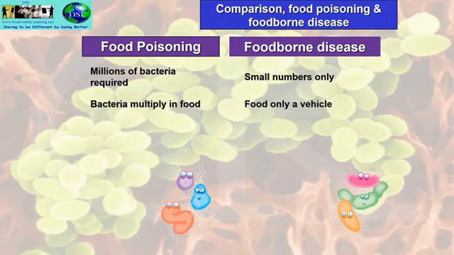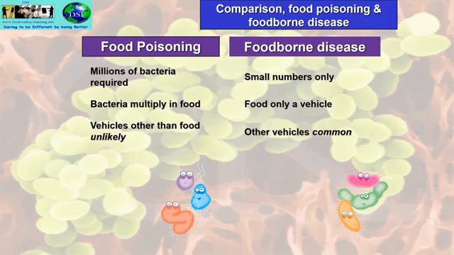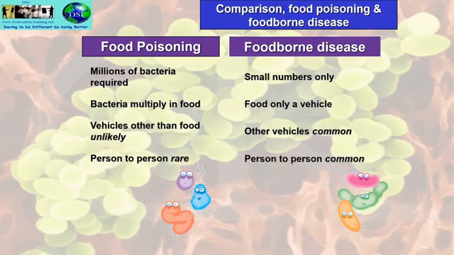Bacteria multiply in food. Food is only a vehicle for foodborne disease, so it doesn't actually multiply in food. Vehicles other than food are unlikely with food poisoning, but other vehicles are common with foodborne disease. Person-to-person is rare with food poisoning, but person-to-person is common with foodborne disease.